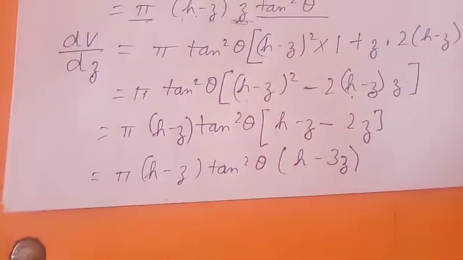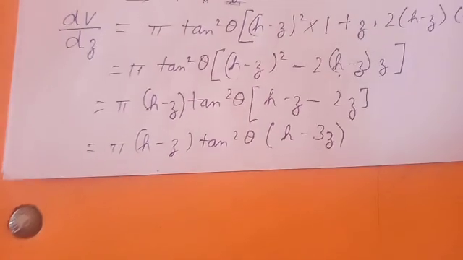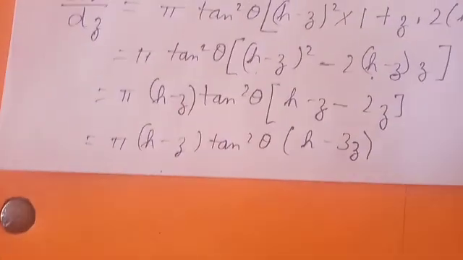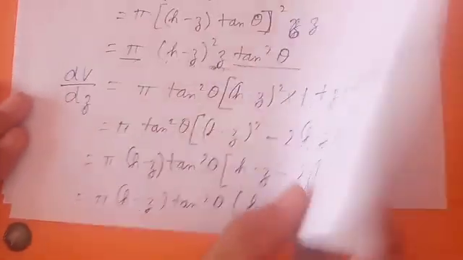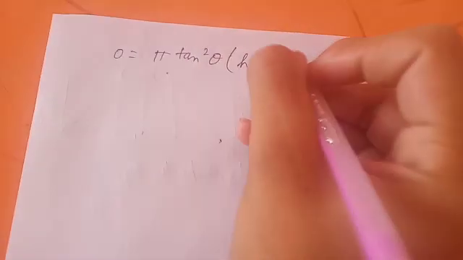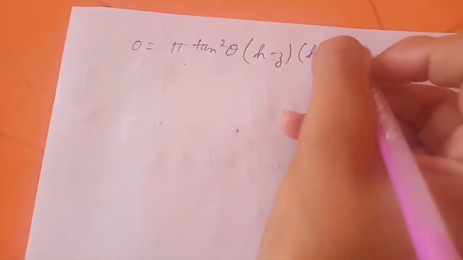First differentiation. Now we know to get our extreme values, extreme values means either maxima or minima, we have to take our first derivative as 0. So dV by dz will be 0. So we get 0 is equal to pi tangent square theta (h minus z) into (h minus 3z).